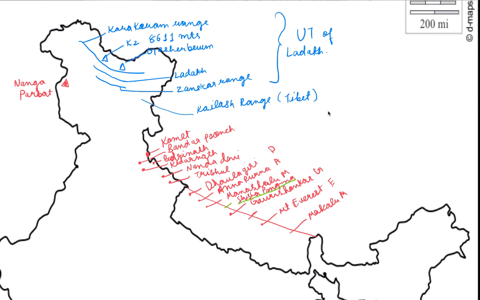Then there is Cho Oyu right here, Cho Oyu, and then there's also Lhotse. Apart from this, there is an important peak right here called Kanchenjunga.